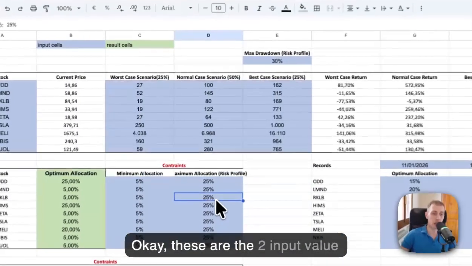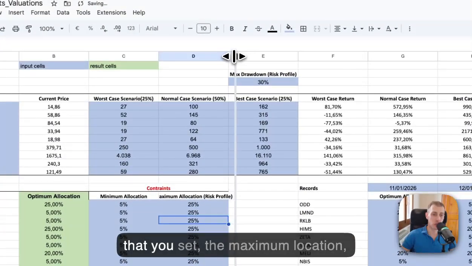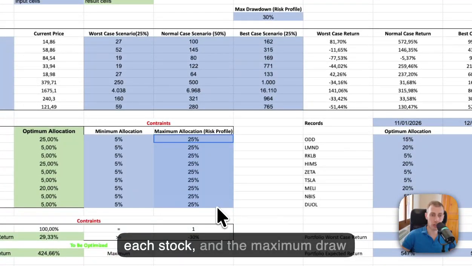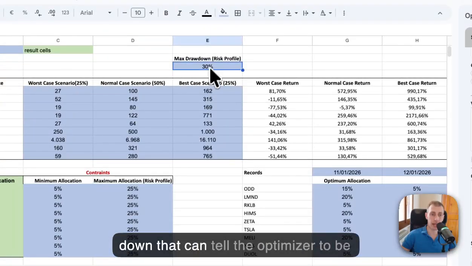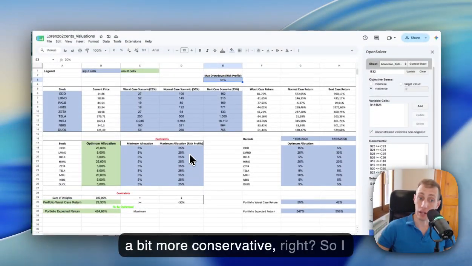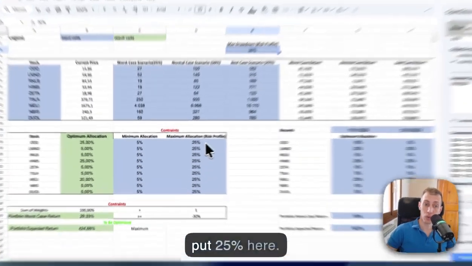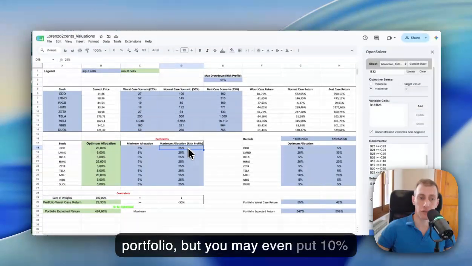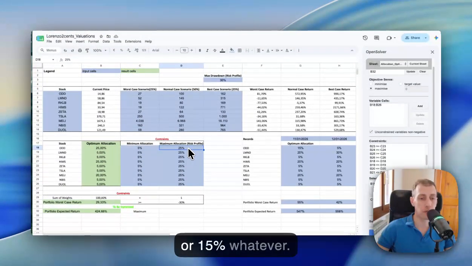Okay, these are the two input values that you set, the maximum allocation on each stock and the maximum drawdown, that can tell the optimizer to be a bit more conservative, right? So I put 25% here. Again, mine is a concentrated portfolio, but you may even put 10% or 15%, whatever.